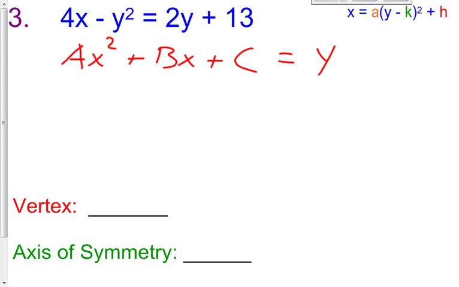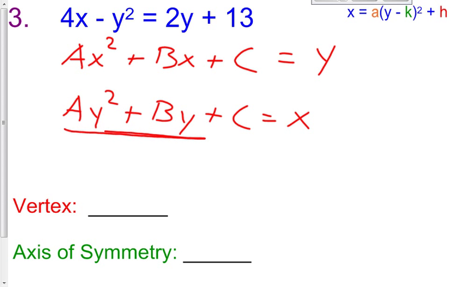So with that same train of thought here, we're going to have a y squared plus by plus c equaling our x variable. Moral of the story is, when we complete the square, we want to get the squared term and the y raised to the first term on the same side all by itself. And then we're going to do our blanks and so on and so forth.